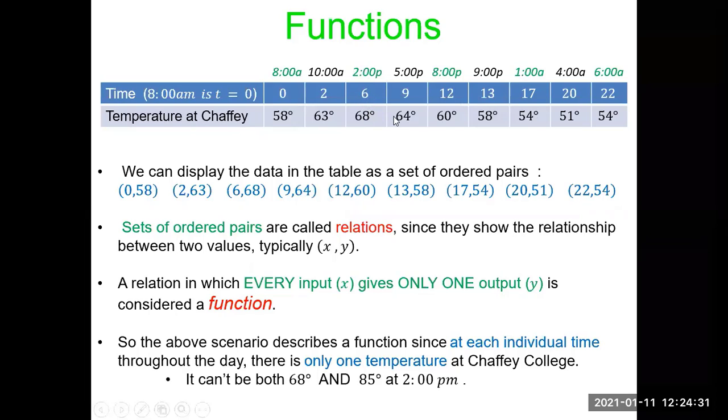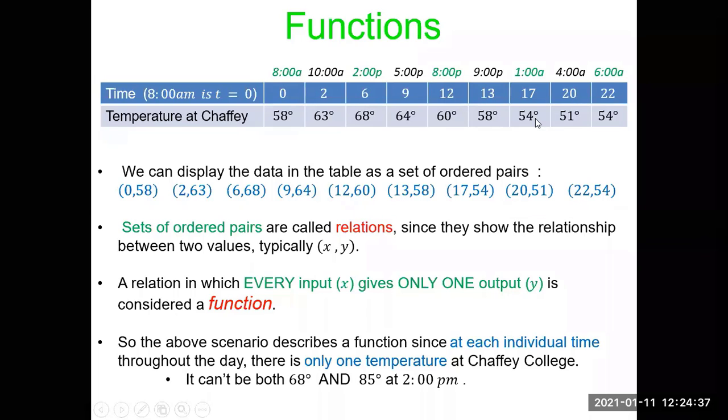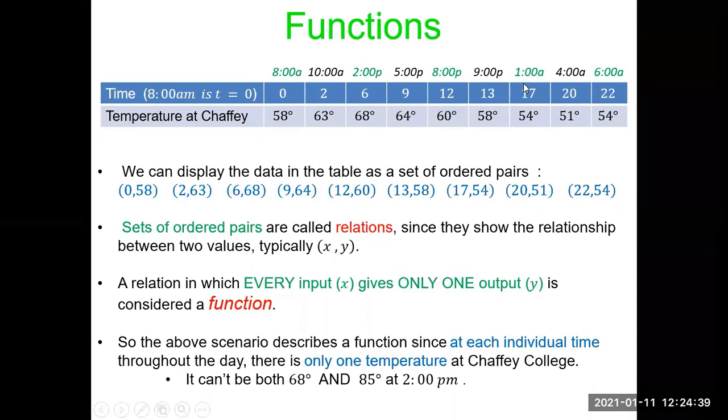Now, some may be thinking, right, but I see that 54 degrees showed up 2 times. But that's still a function because we're saying at 1 o'clock a.m., the temperature was 54, and at 6 o'clock a.m., the temperature was again 54. So each time gave me a single temperature.